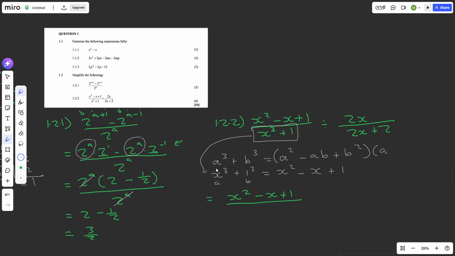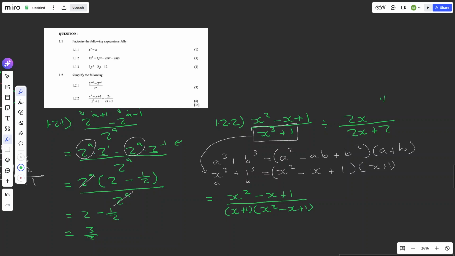So we'll have a plus b, because once you multiply these out, your highest power here has to be 3. So we do the same here. It's going to be x plus 1. So now we have that, right? So in the denominator here, we'll have x plus 1, then x squared minus x plus 1.